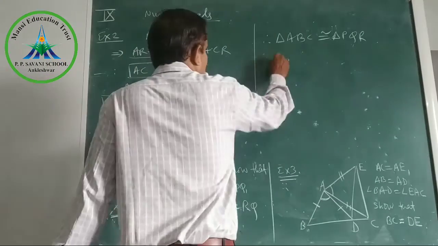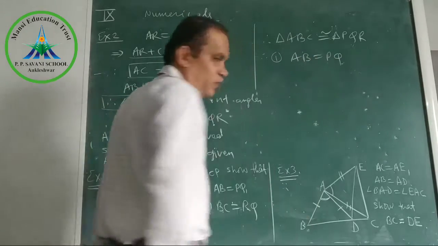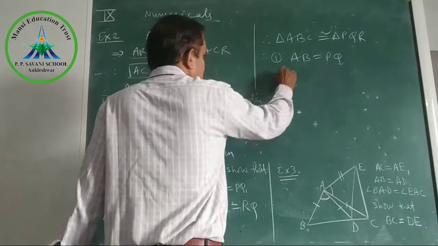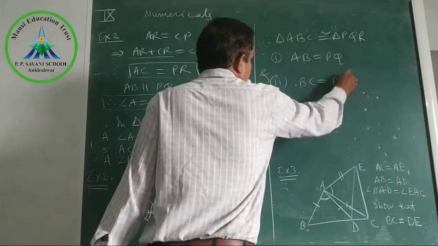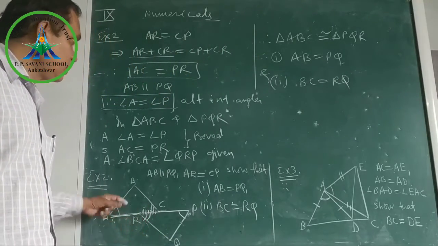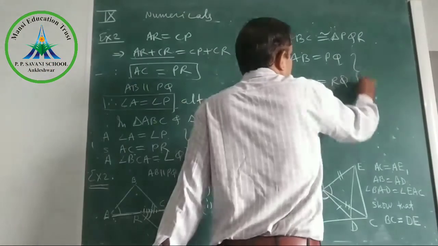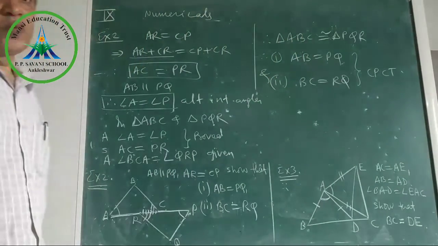Therefore, number 1, AB equal to PQ and BC equal to RQ. BC equal to RQ and AB equal to PQ. CPCT: corresponding parts of congruent triangles.